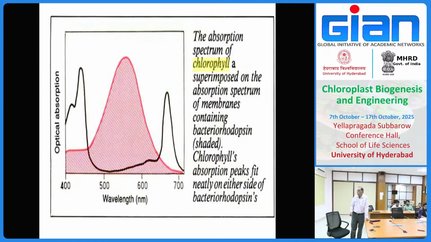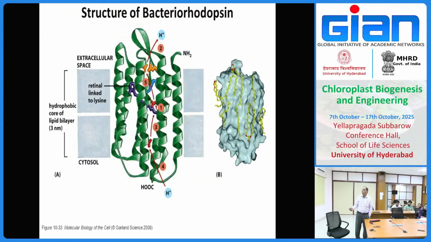If you see the red one, that is the absorption spectrum of bacteriorhodopsin. And this is the structure of bacteriorhodopsin.